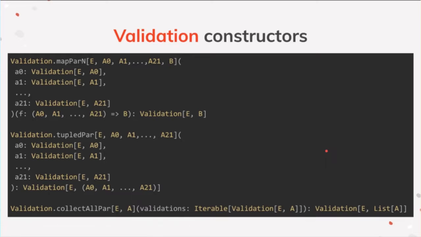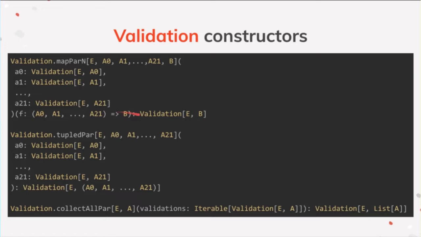And with these constructors I've already presented, you can apply several operations on them. These are concrete operations that are defined on the validation data type in the ZIO Prelude library. So for example, you can map over the success channel of the validation. You can map over the error channel.